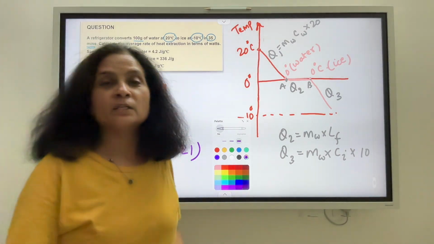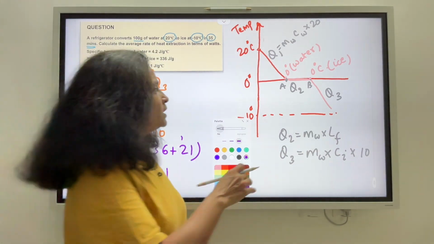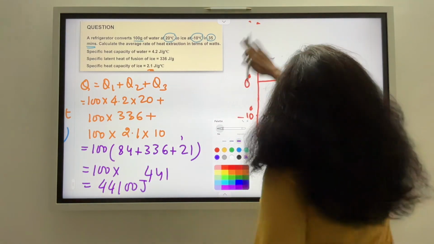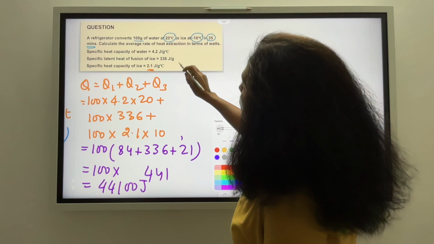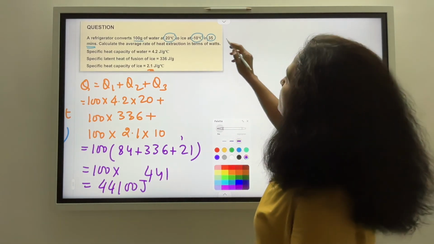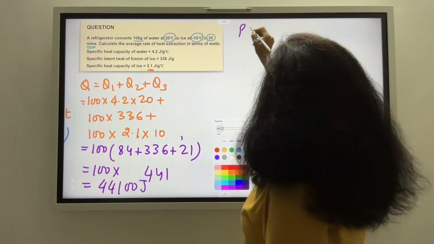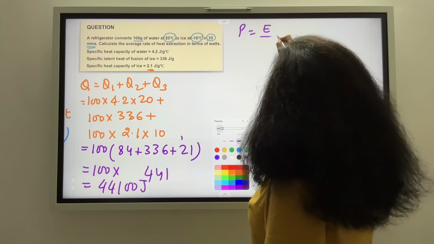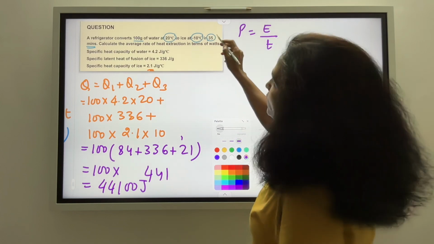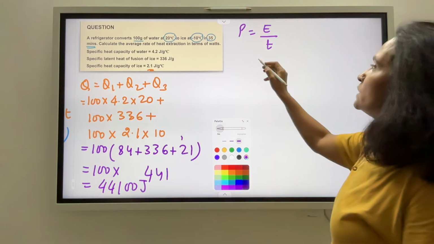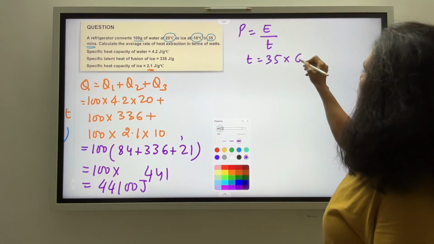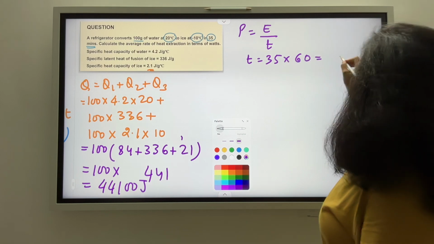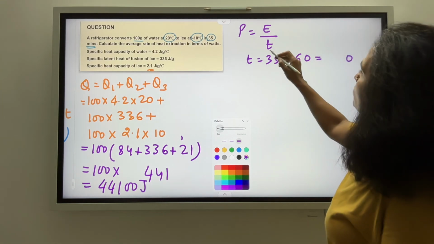Now how do I calculate my power? Now power is nothing but energy by time. Do I know my time? Well, I do. What is the time? The time is 35 minutes. So power is energy by time. So I need to convert my minutes into seconds. So time is equal to 35 into 60, which is how much? 6 5s are 30, 0, 3.